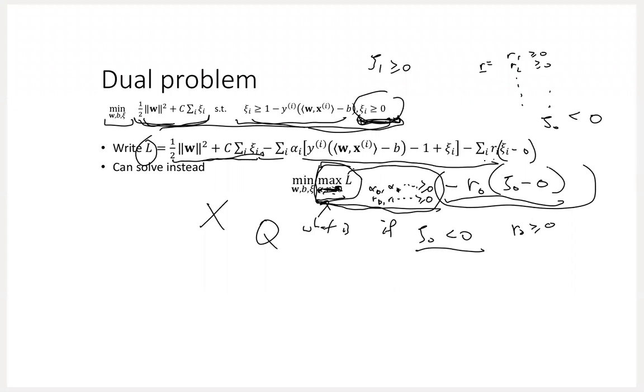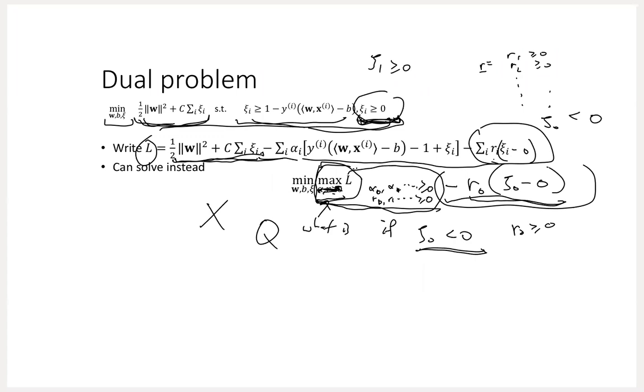Know that if I have one of these violated, let's say C0 is less than 0, then in this sum in the L, that's one term, R0 minus C0, right?